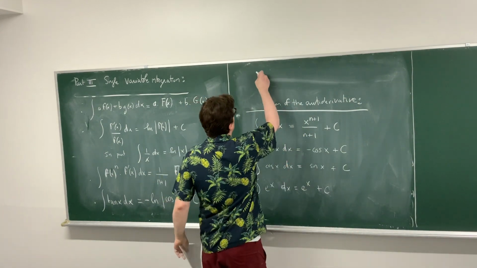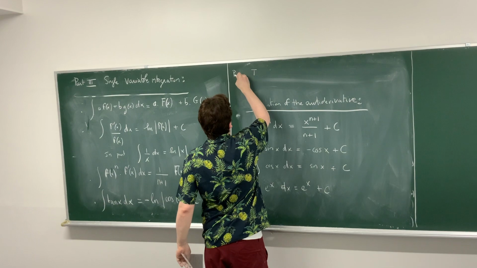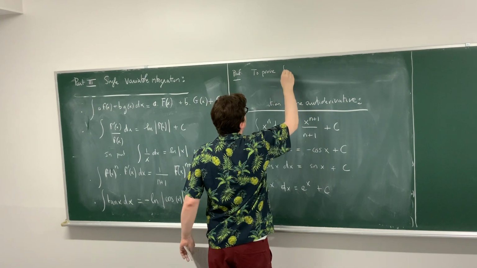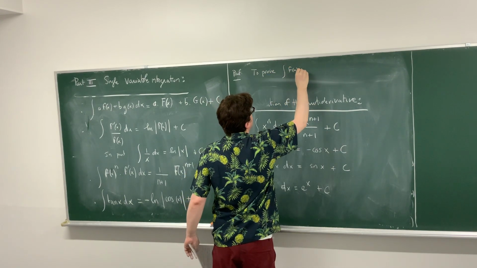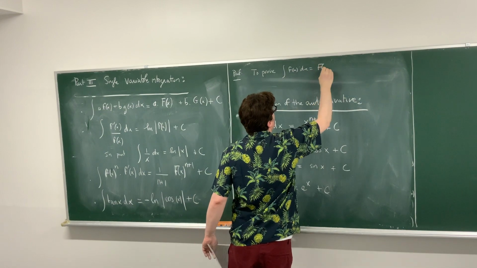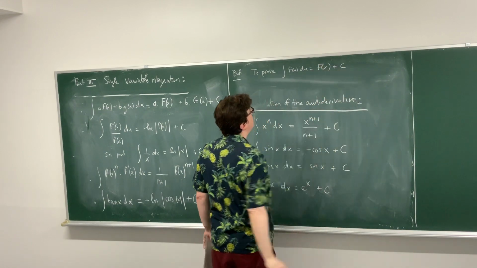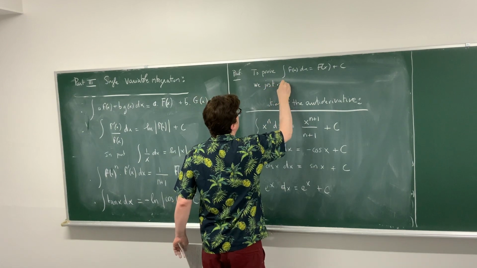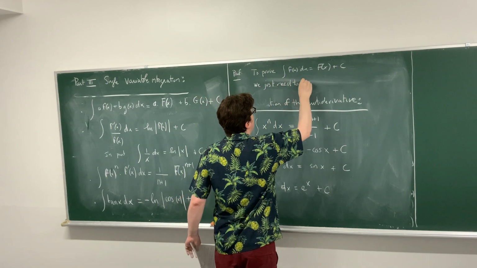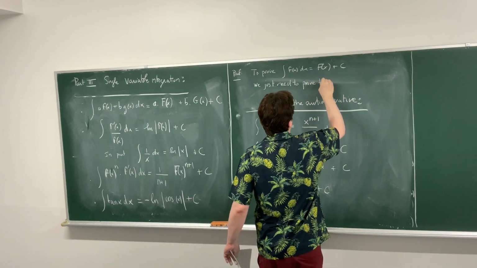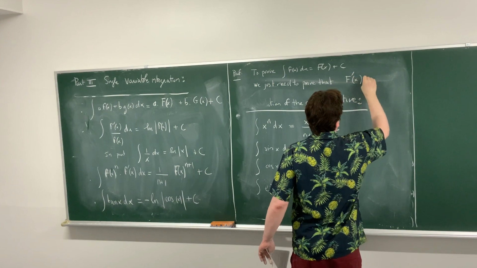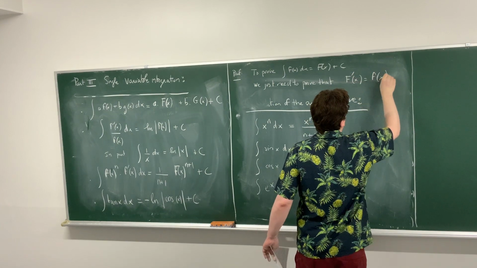So you see, proof. To prove that the integral of f of x dx equals capital F of x plus c, we just need to prove that F prime of x is equal to f of x.